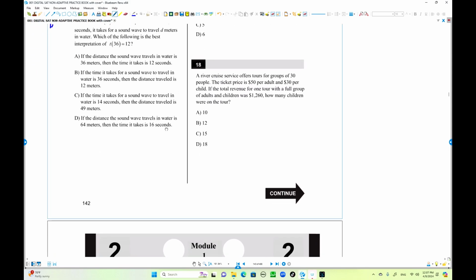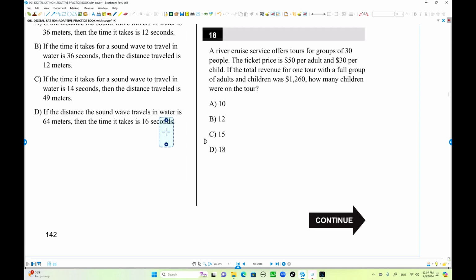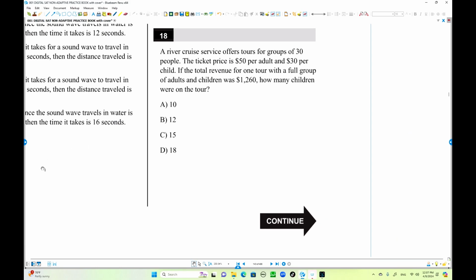All right, number 18. Very popular questions, number 18 over here. The cruise service offers tours for a group of 30 students.